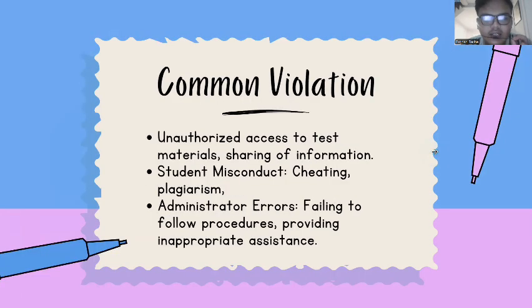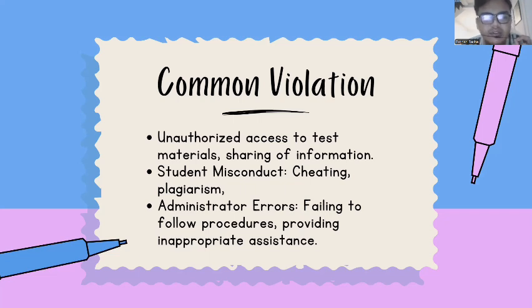Next one. In this slide, we have common violations that happen during test administration. The first one is unauthorized access to test materials, and also the leaking or sharing of information that may come out in the test itself.